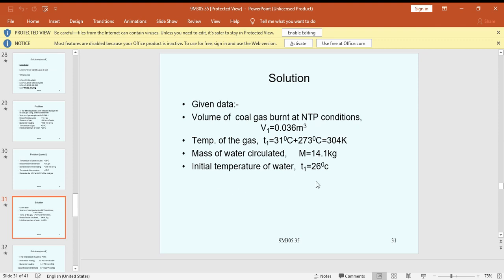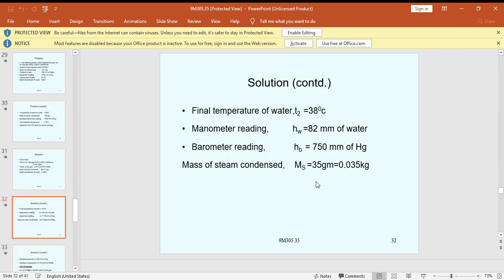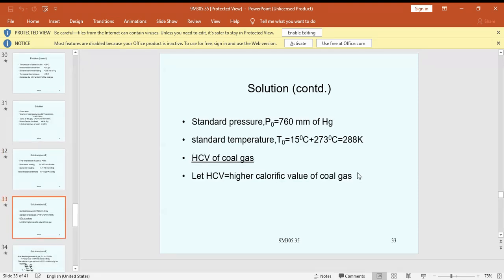Initial temperature of water T1 equal to 26 degrees centigrade and final temperature of water T2 equal to 38 degrees. Then manometer reading HW equal to 82 mm of water and barometer HB equal to 750 mm of Hg. The mass of steam condensed MS equal to 35 grams, which is converted into kilograms: 35 into 10 to the power of minus 3, 0.035 kg.